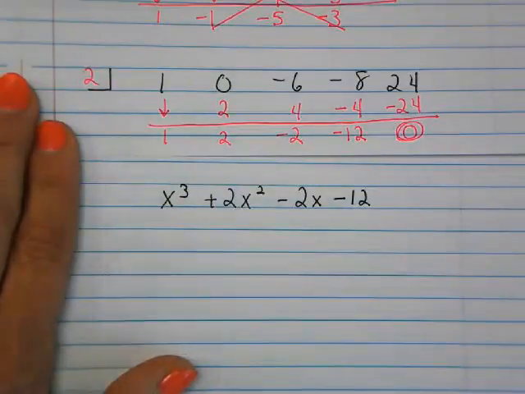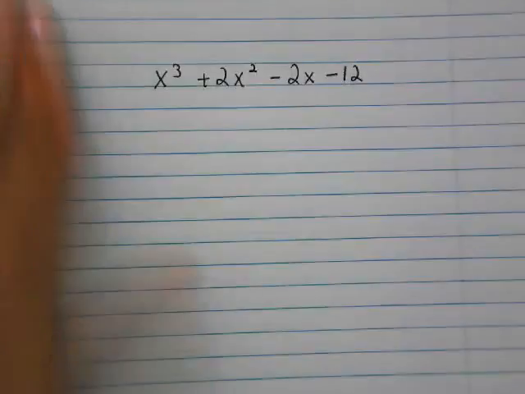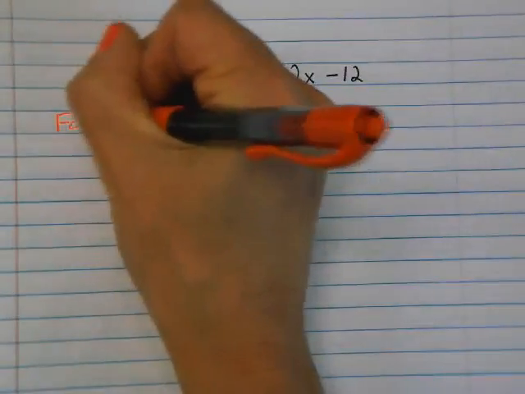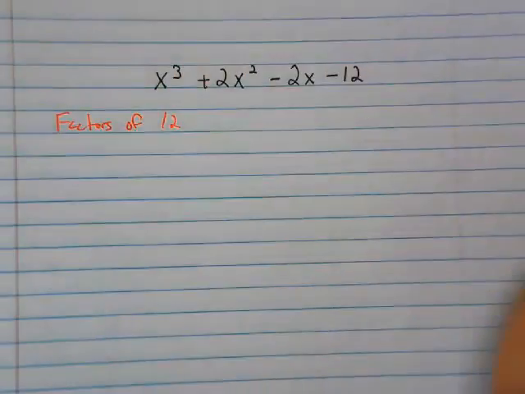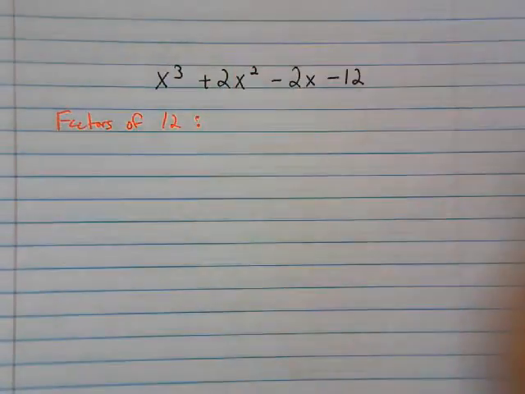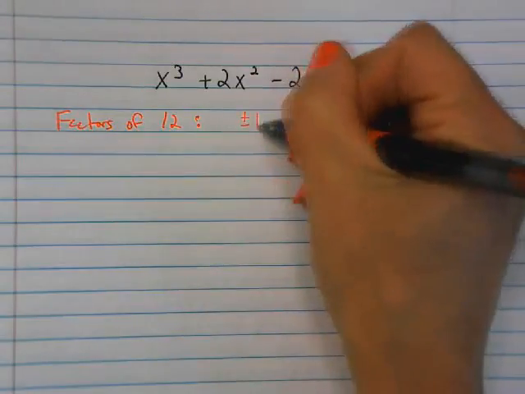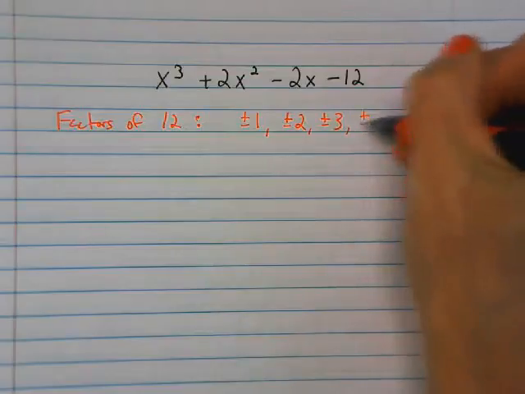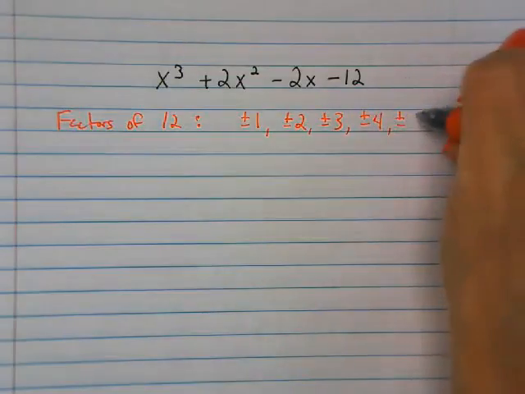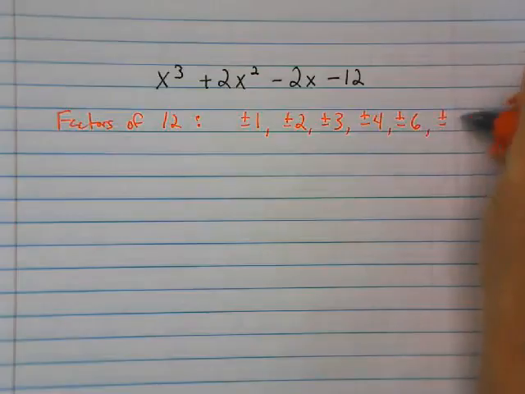So now I'm going to have different factors. Alright, so factors of 24. How about factors of 12? I just said it changed, and I tell you the same thing. Alright, so factors of 12. Plus or minus 1, plus or minus 2, plus or minus 3, plus or minus 4, plus or minus 6, plus or minus 12.